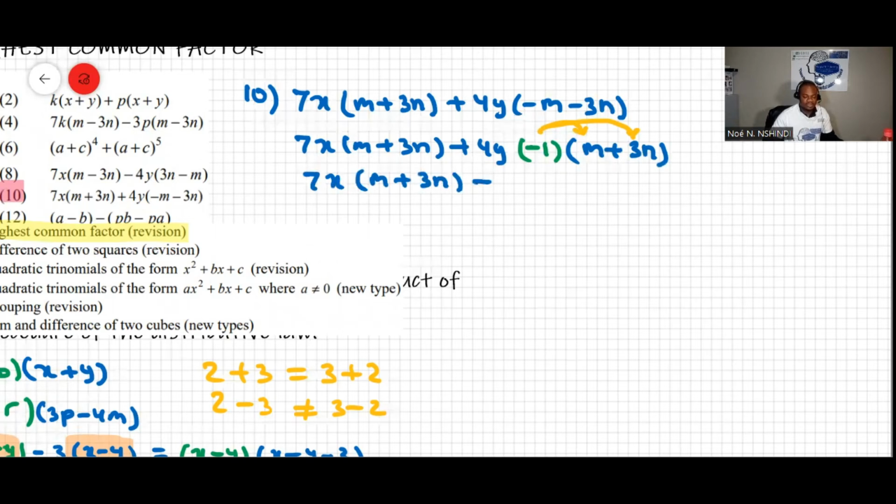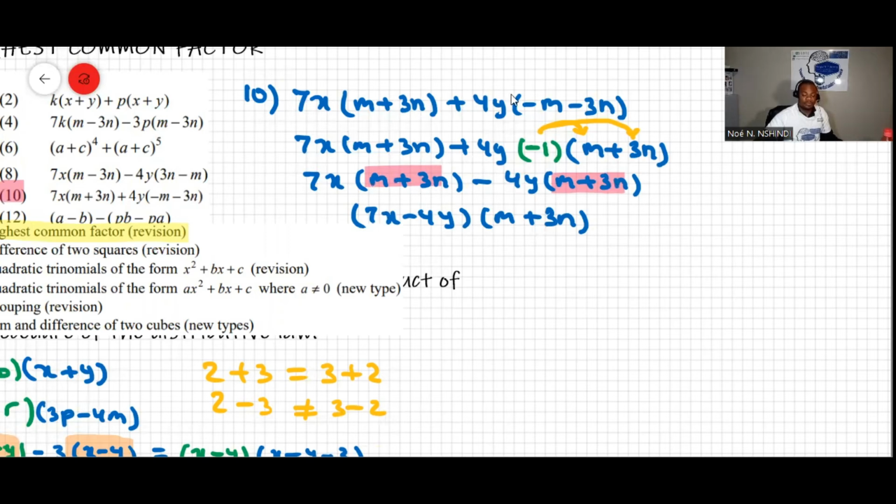And over here, it's going to be negative 4y, open bracket, m plus 3n. Now, we have this and that common. So we can just write here 7x minus 4y, close bracket, m plus 3n, close bracket. That was question 10.